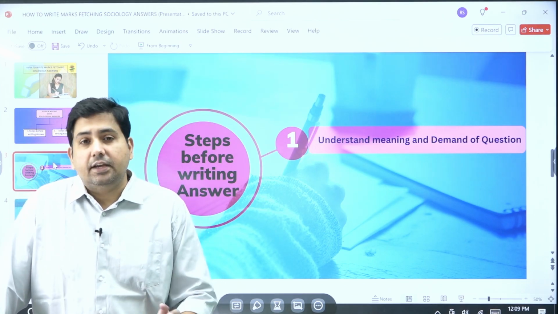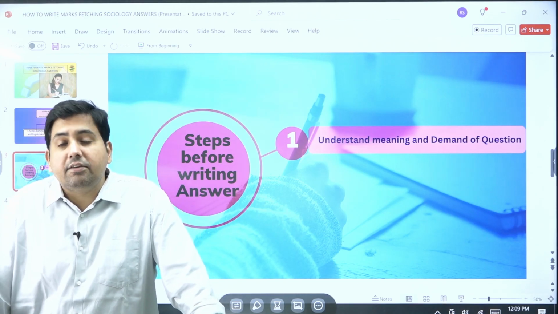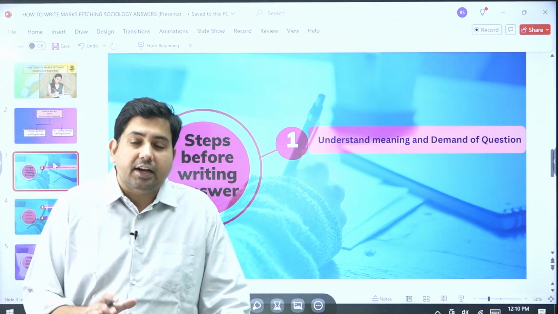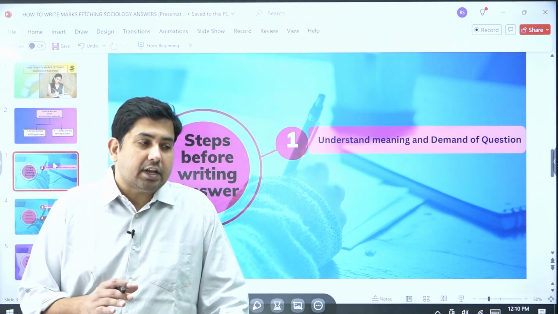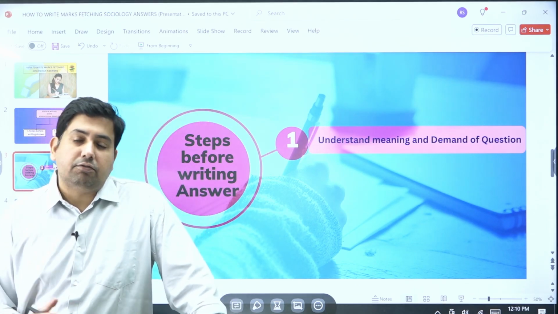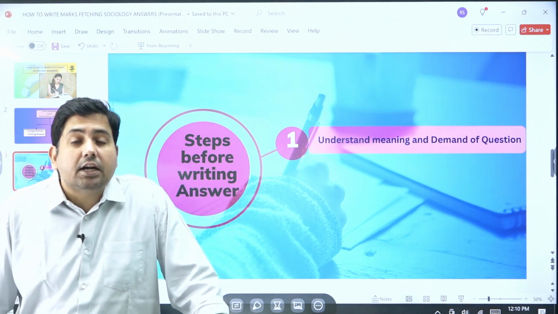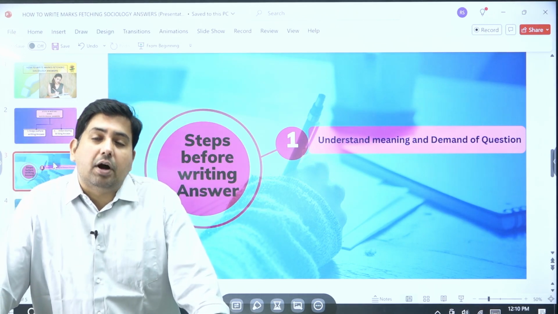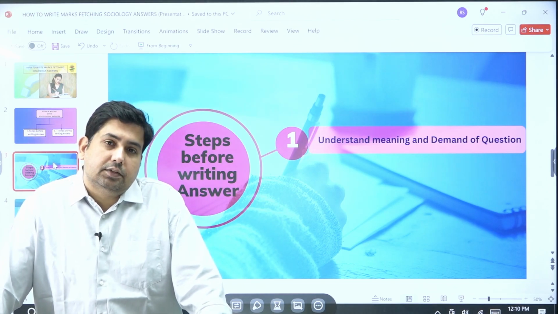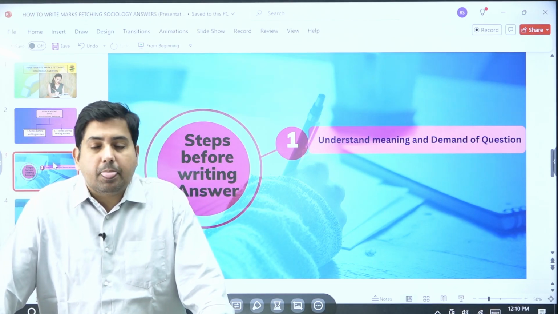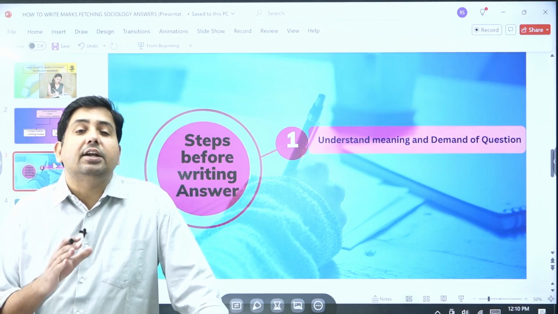And anything not related to the question is simply garbage. If you are writing unrelated, unnecessary things in the answer script, it is like dirtying the floor with garbage. As a result, you will not fetch good marks in the exam. So what you will do? You will write only relevant things which are demanded by the question.